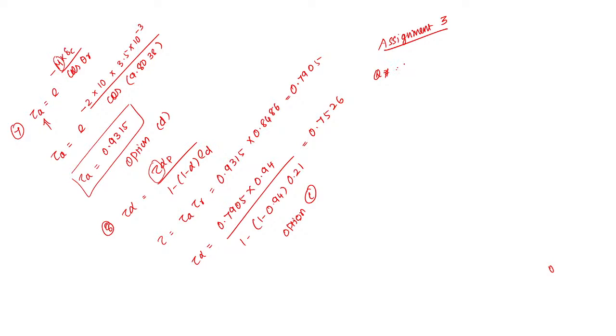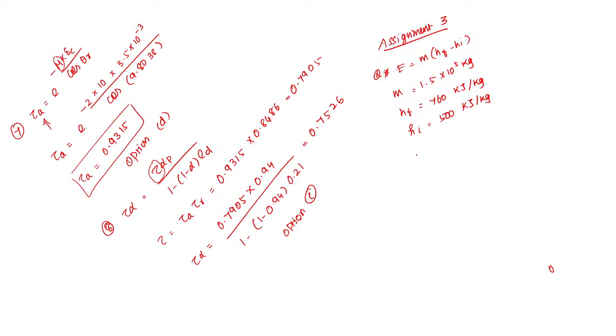So the energy is nothing but M into (HF minus HI). M is already given as 1.5 times 10 to the power of 5 kg, HF is given as 760 kilojoules per kg, and HI is given, which is nothing but 500 kilojoules per kg.